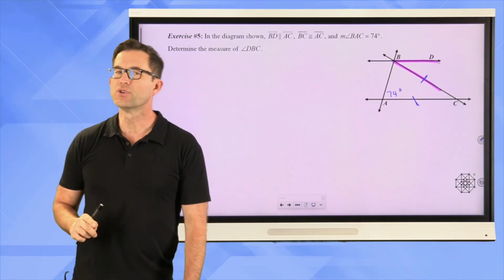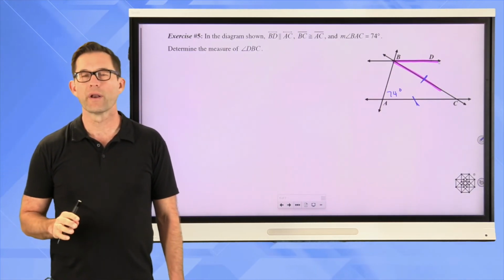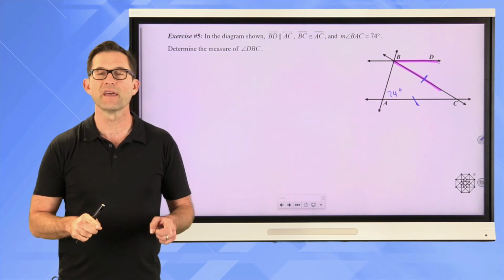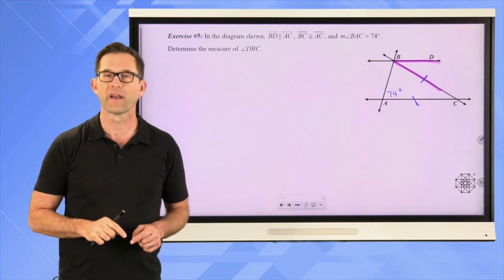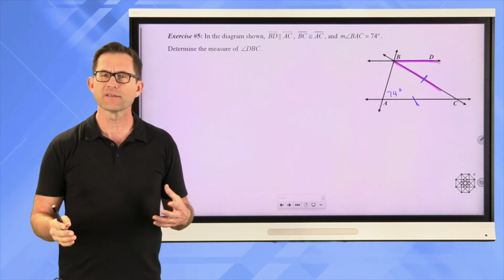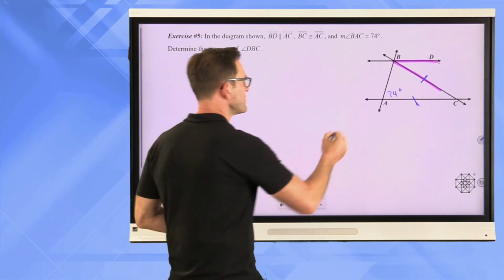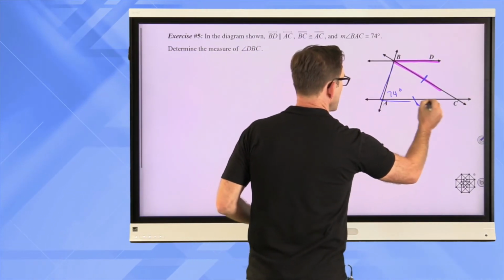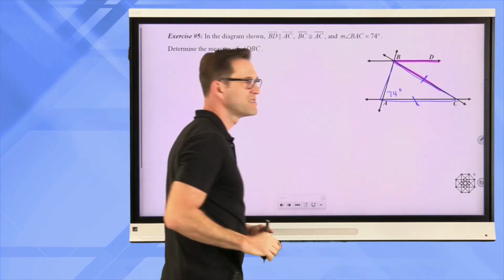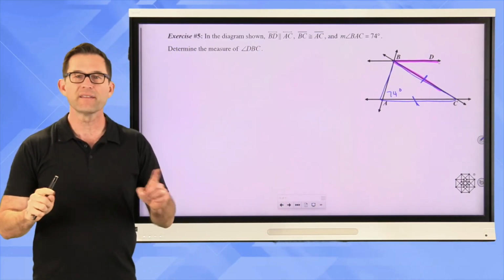As soon as two segment lengths are congruent to one another and they're two side lengths in a given triangle, then you've got an isosceles triangle. Now, this isosceles triangle is a little more challenging because it's sitting on one of its legs. But that doesn't matter.